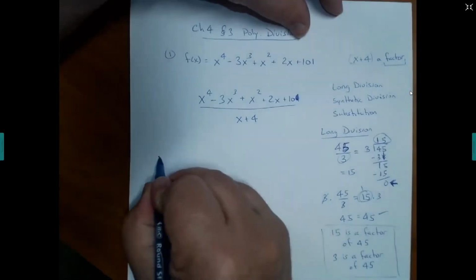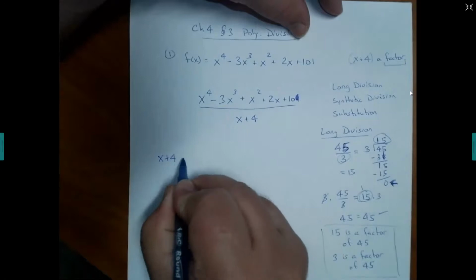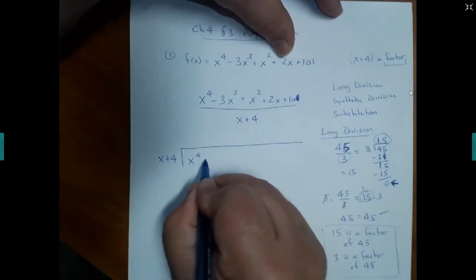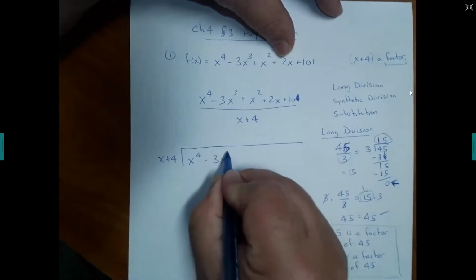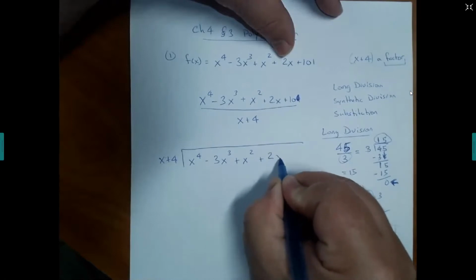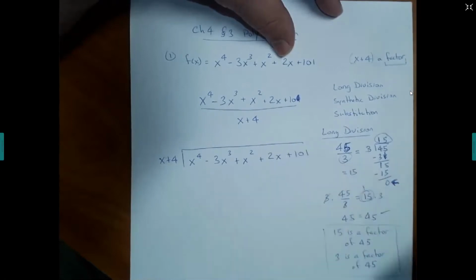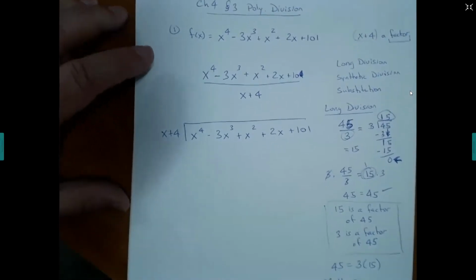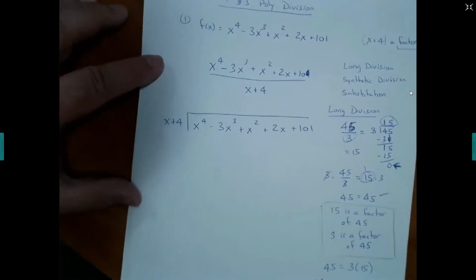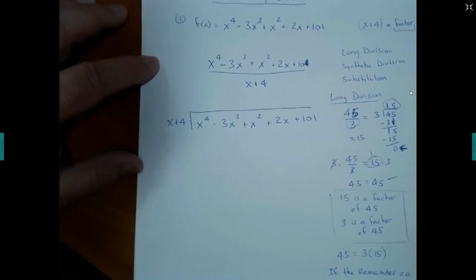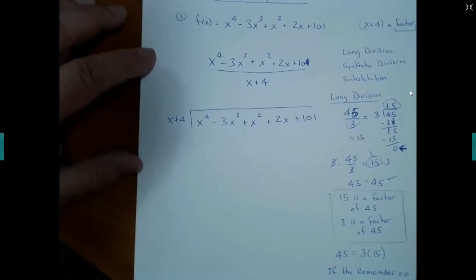So let's rewrite it. Whatever's on the bottom, x to the 4th, 3x cubed, 2x plus 101. Now with long division and polynomials, we only are interested with the leading term.